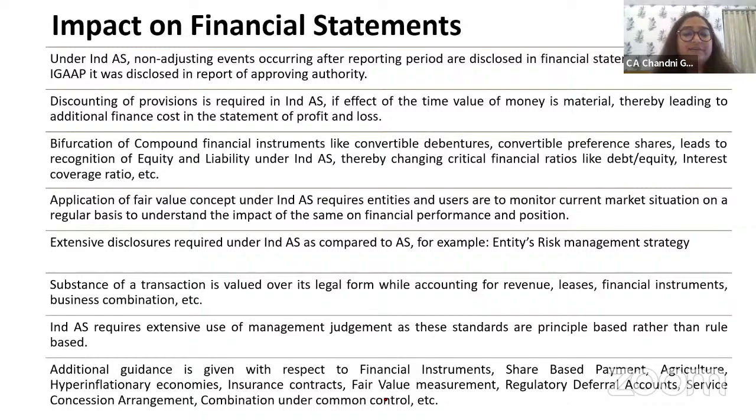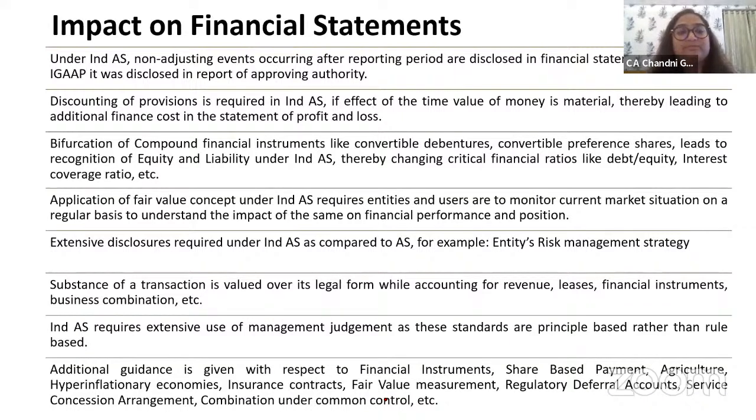Now there are further impacts. For example, under Ind AS, if there is any non-adjusting event which occurs after the reporting period, it is shown in the notes to the financial statements. Earlier, it was shown in the report of the approving authority.